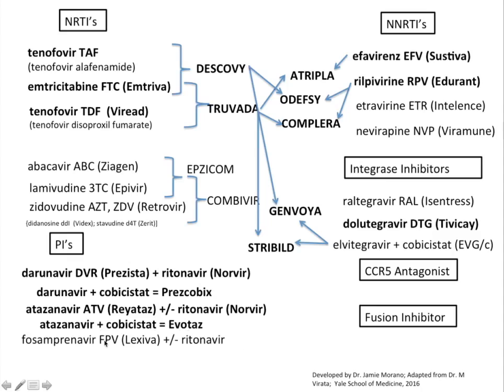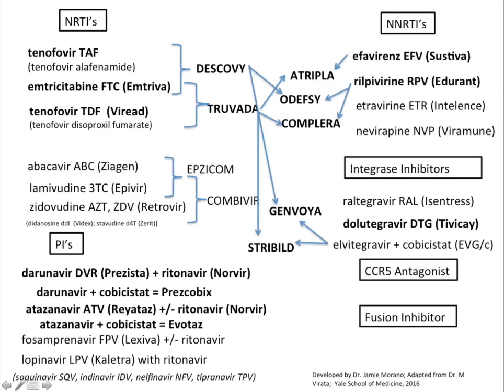Older PIs, fosamprenavir, called Lexiva, plus or minus ritonavir, is twice a day, and lopinavir, which is Kaletra, already has ritonavir combined. We used to use that a lot in pregnancy, and that's a little bit harder to take. It's usually 2 pills twice a day, so it's kind of out of favor.